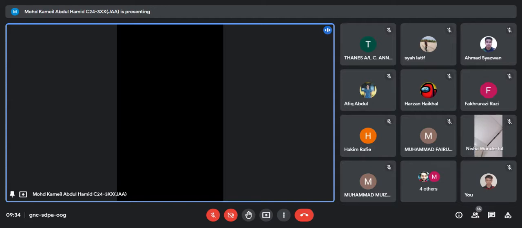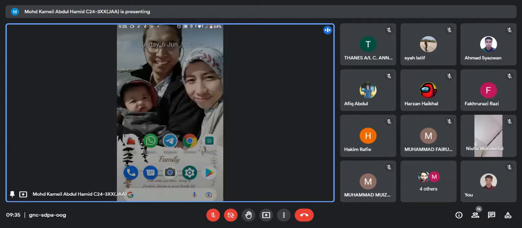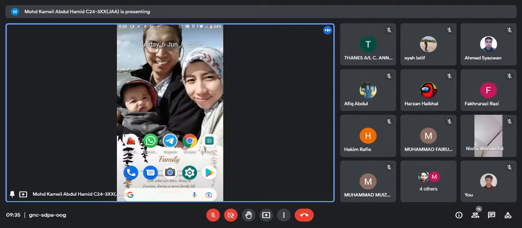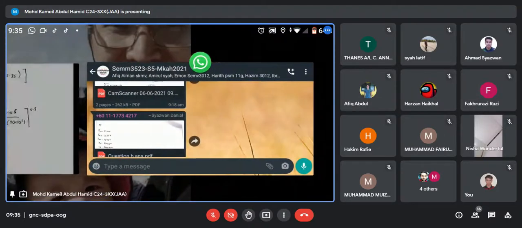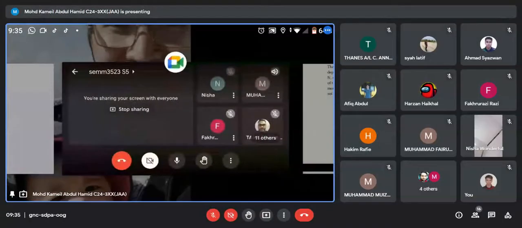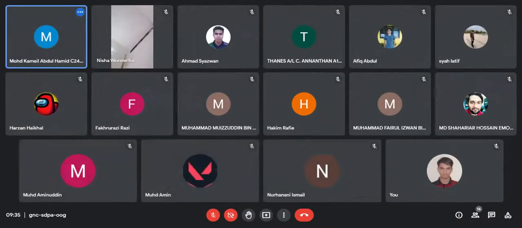Yang C ni okey tak? Ada boleh faham tak dapat C macam mana? Lokman dapat tak? Lokman and Farul. Okay, so this one you can check lah. What is the size of your DS? What is the DS value for all the different series tu yang available? Stop sharing. Nisha, okay tak Nisha?